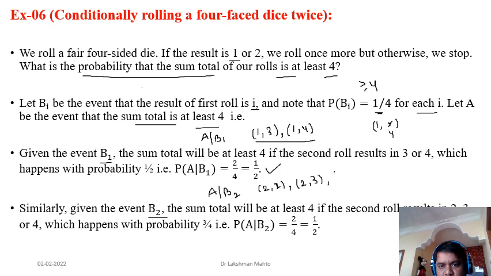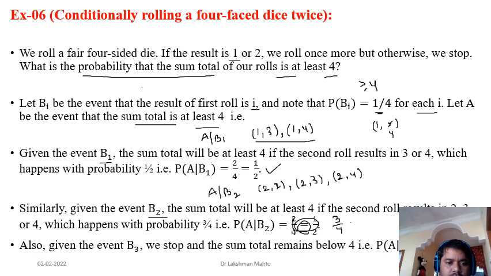The third possibility would be (2,4). Okay, so I had calculated it wrongly. So the probability of A given B2 would be 3 by 4.